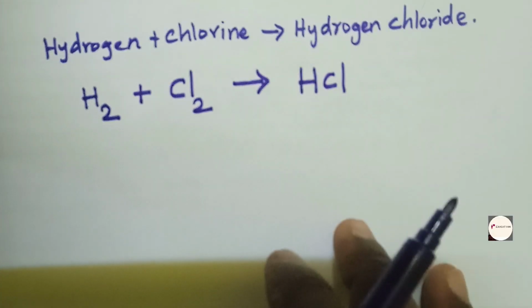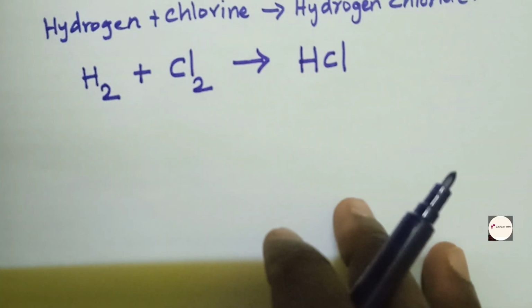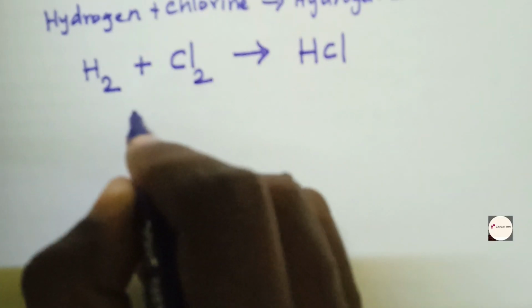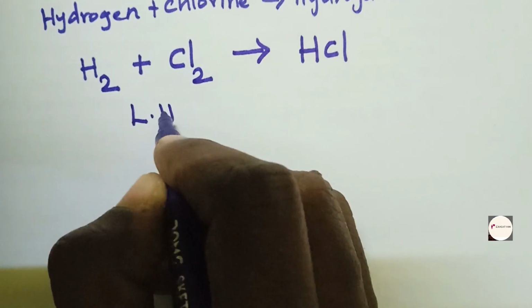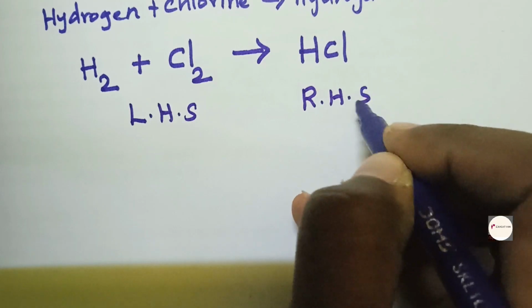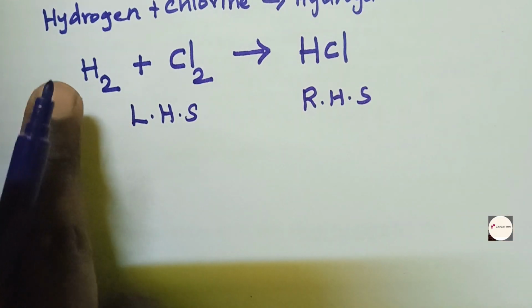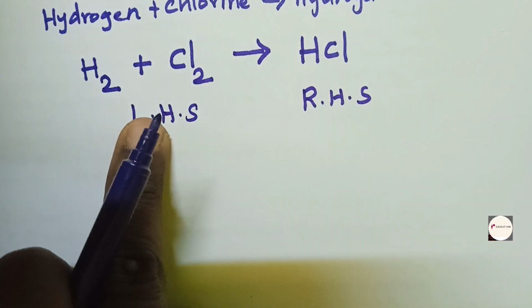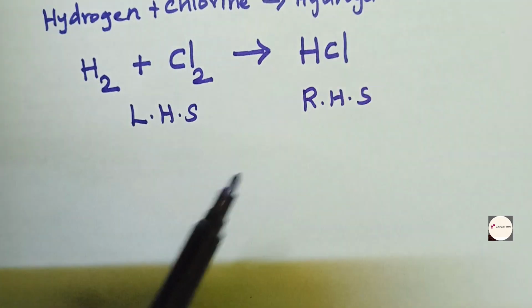So now, how can we start to balance this chemical equation? This is the left hand side and this is the right hand side. You know that the left hand side things are the reactants, and the right hand side are the products.